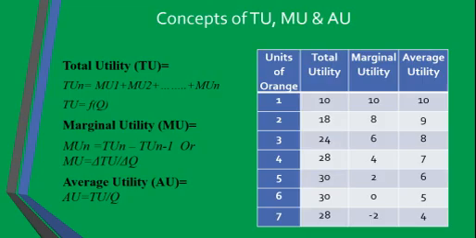Here total utility derived from 3 units is 24 and total utility derived from 2 units is 18. Therefore, 24 minus 18 is equal to 6 units of utility derived from the third unit. Like this, we can measure total utility, marginal utility and average utility derived from oranges consumed one by one.